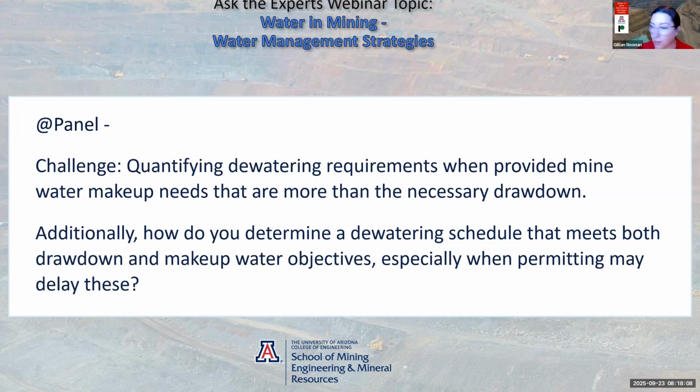So James's question is stating first that the challenge is quantifying dewatering requirements when provided mine water makeup needs that are more than the necessary drawdown. So how do you determine a dewatering schedule that meets both drawdown and makeup water objectives, especially when permitting may delay these? So great question, James.